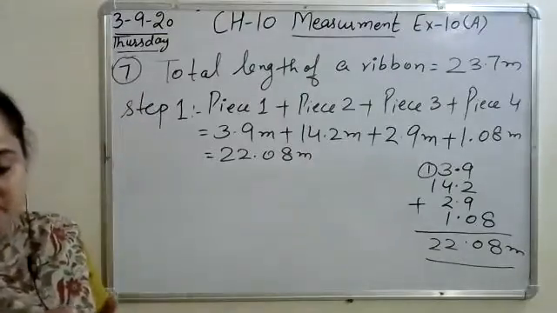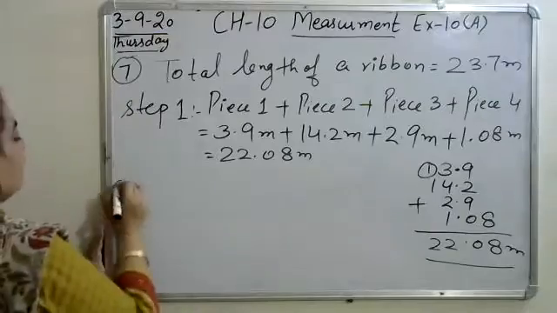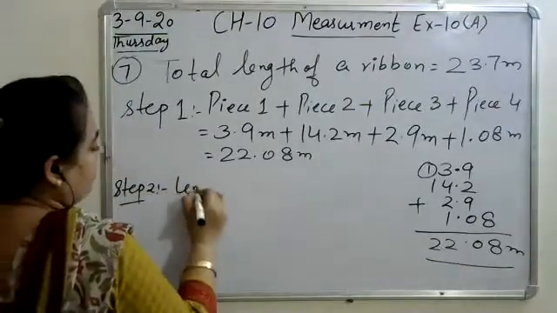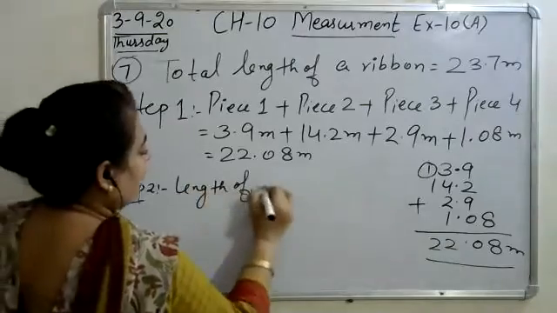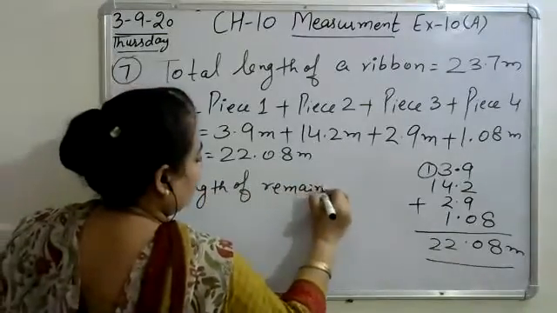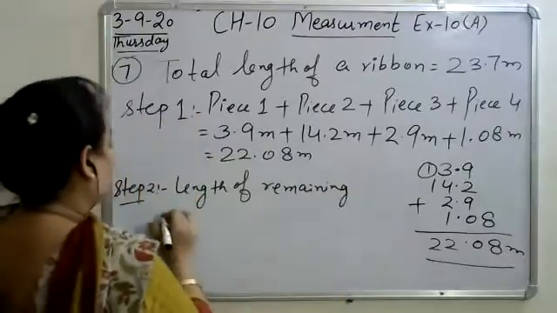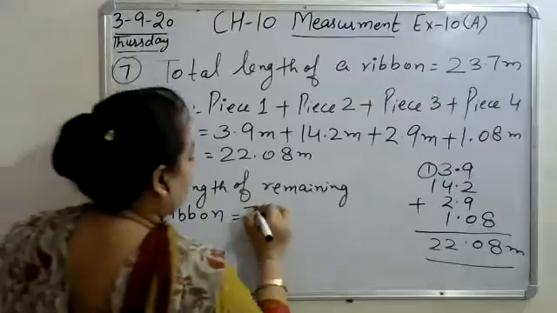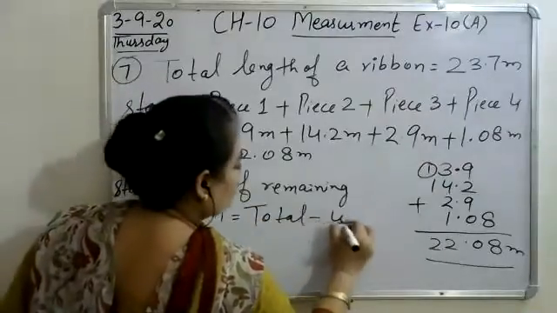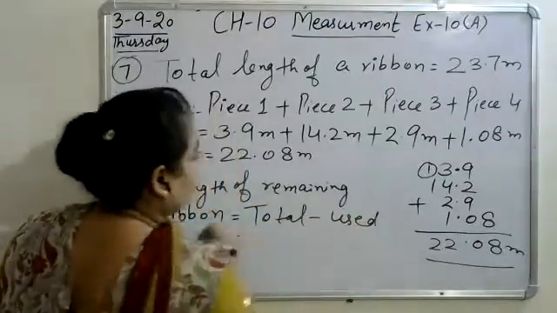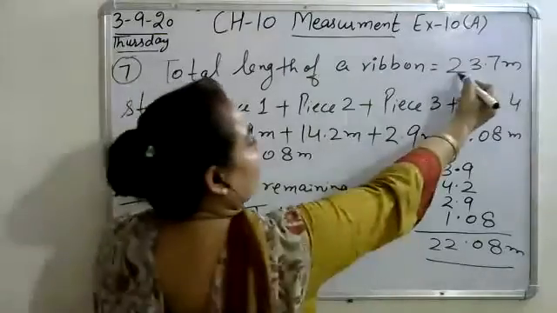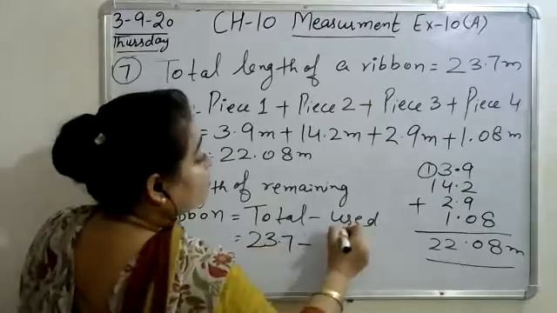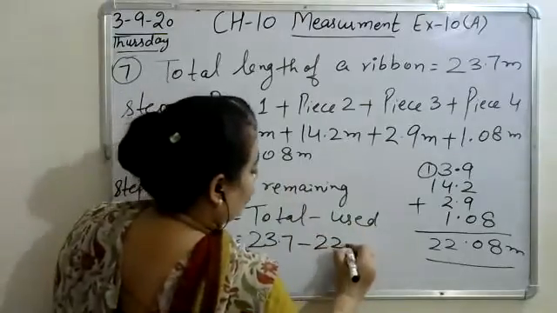Now the question is based on the remaining ribbon. Now step number 2. Length of remaining ribbon is equal to total minus used. What is total? 23.7. Used, 22.08.